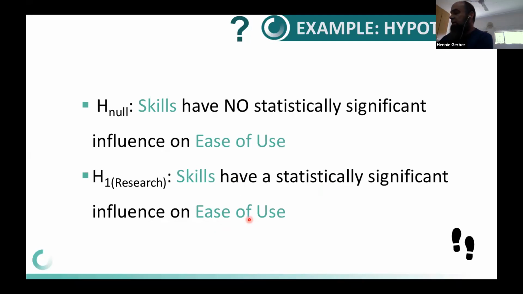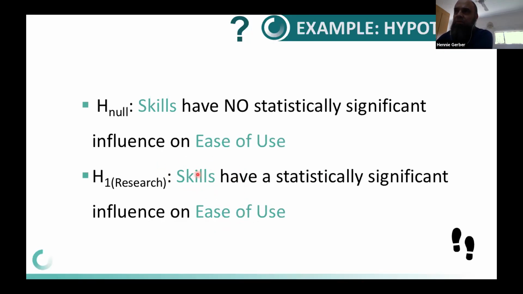Now, let us look at the first criteria. There must be variables that are measurable. There's the variable skills, which is a construct score. We will look at how to get to construct scores. Ease of use is also a variable consisting of a few Likert scale statements. It's measured by the Likert scale statements, so it's measurable in the questionnaire.